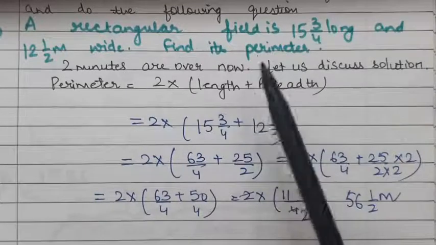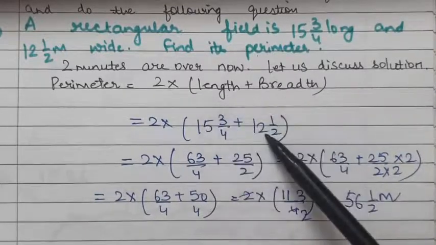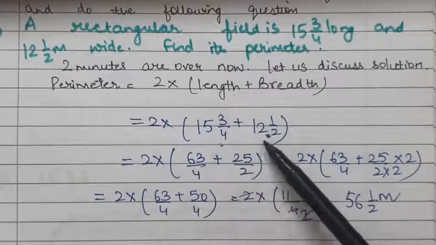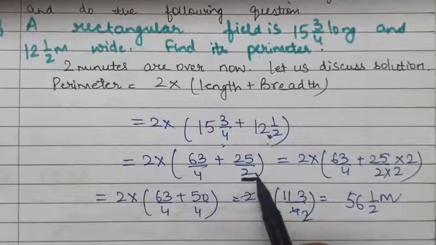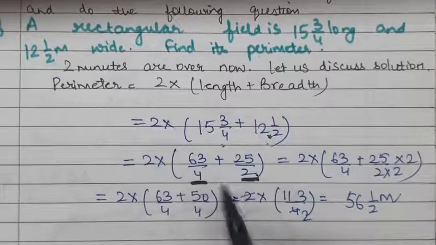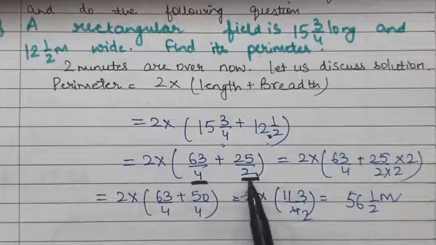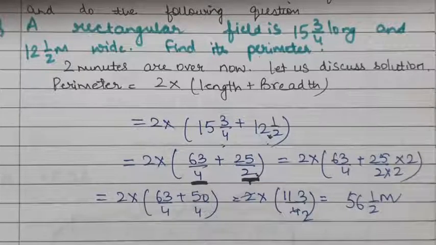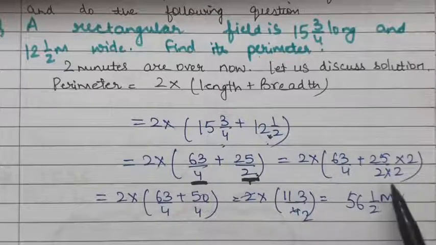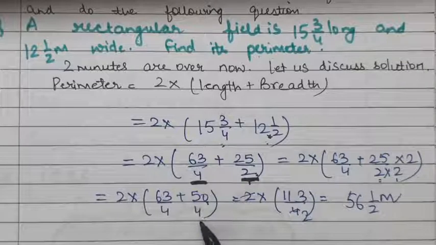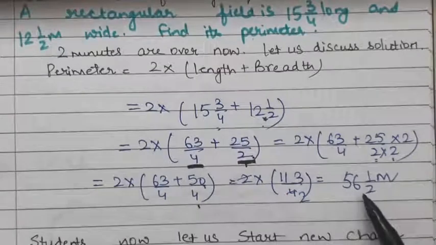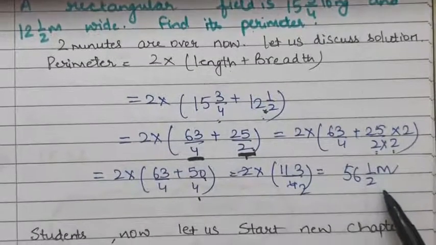So you just have to put in the values and add them. Now the denominators are 2 and 4. Make it also 4 by multiplying it with 2. So what we get is 50 upon 4. Now on simplification, we got 56.5 meter.